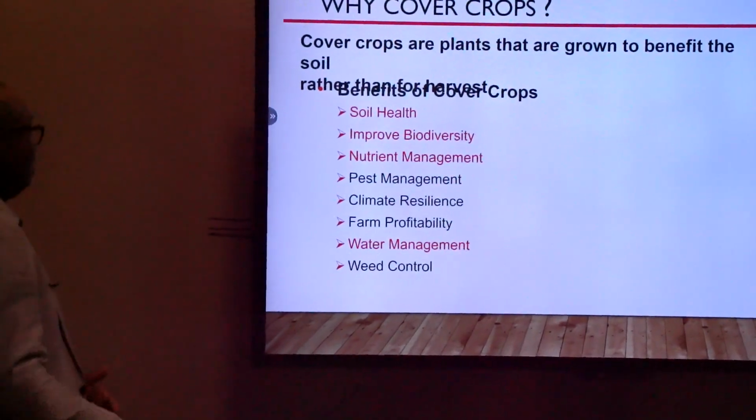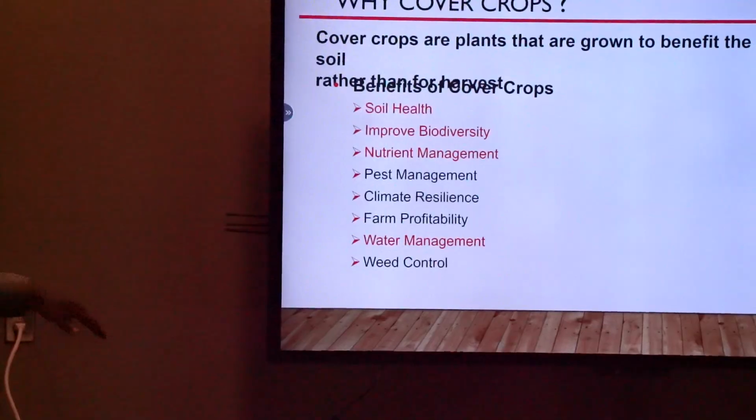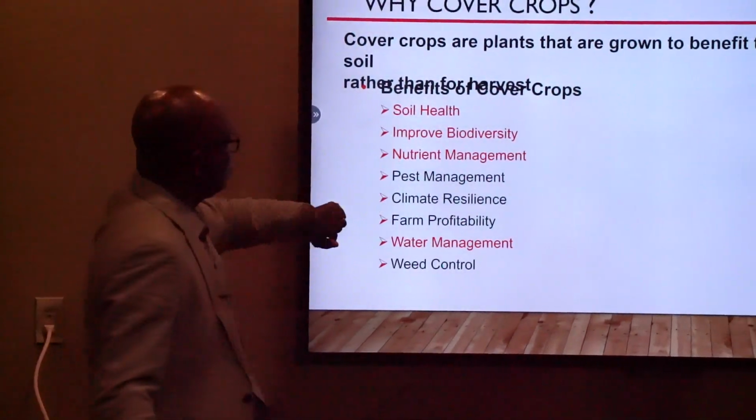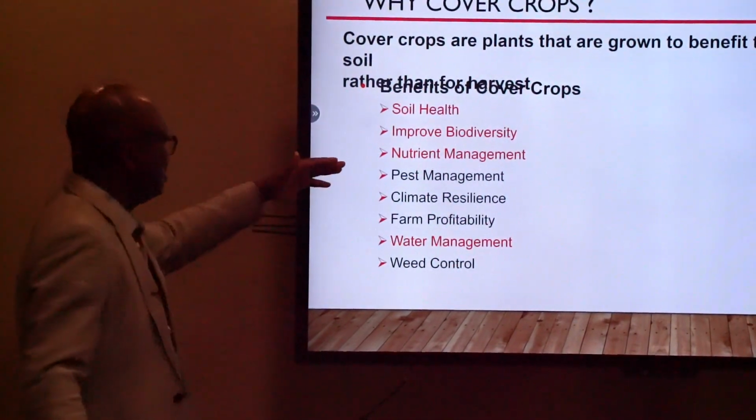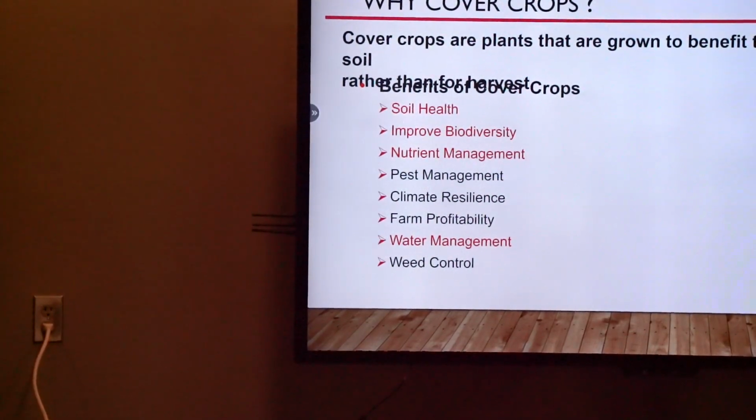If biochar is not a fertilizer, but we can use cover crops which support soil health or improve biodiversity and nutrient management and water management, then we could be harnessing the properties of cover crops to go in synergy with the properties of biochar to support plant growth. And that's why we use cover crops.